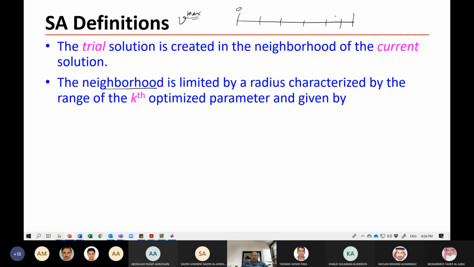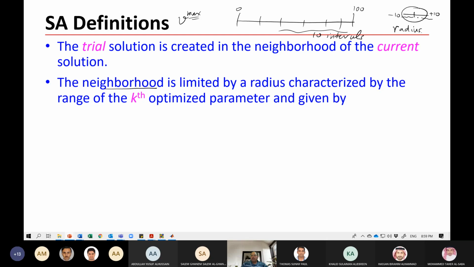If the range is 0 to 100 and you divide it into 10 intervals, the radius of the neighborhood is 10. You can go minus 10 or plus 10.